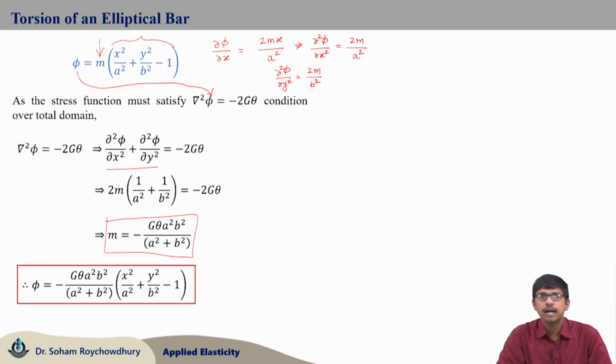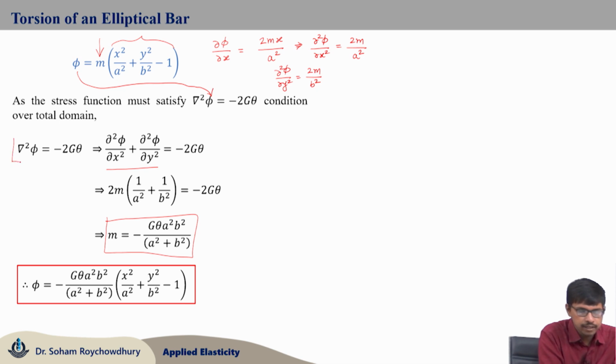So this is the total Prandtl stress function required for solving the torsion problem of prismatic bars with elliptical cross section, with a being the semi major axis length and b being the semi minor axis length. G is the modulus of rigidity, theta is the angle of twist per unit length.